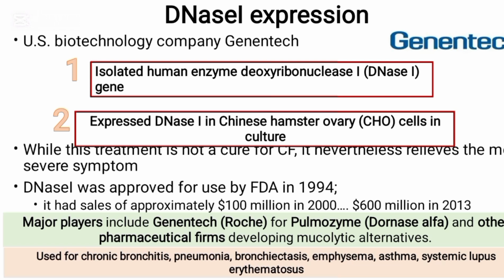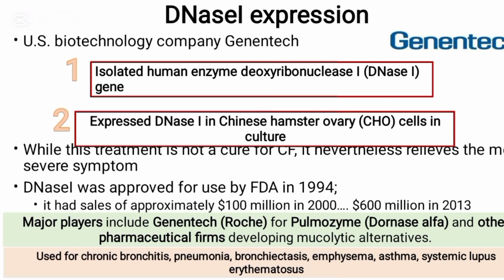So this drug was first approved by the FDA to be used in humans back in 1994, and then its sales reached 100 million US dollars in 2000. It peaked at 600 million US dollars in 2013. You must be wondering, how could a drug for cystic fibrosis make up two blockbuster drugs?